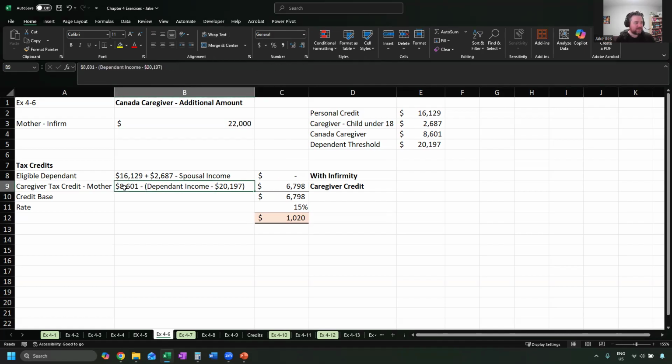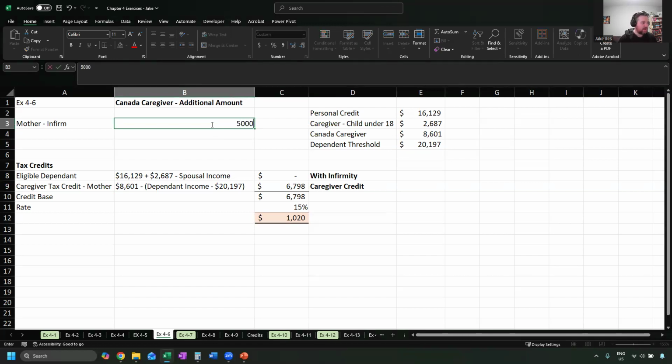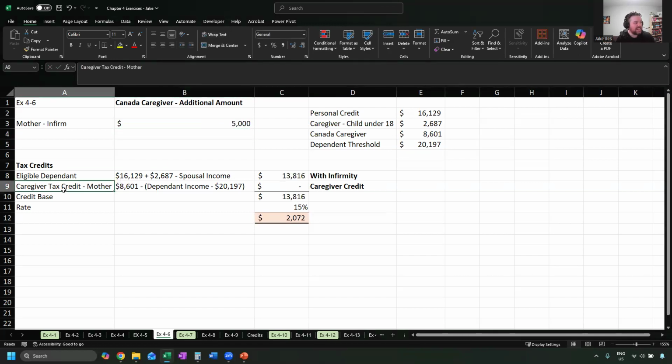That's just the 8,601 minus the income over our threshold. If our income was low, let's say $5,000, we don't need any additional amount because the credit we're getting from the eligible dependent is at least the caregiver amount. So the purpose of this additional amount is to ensure that the credits a caregiver is getting is at least what the caregiver credit would have been at that income threshold.